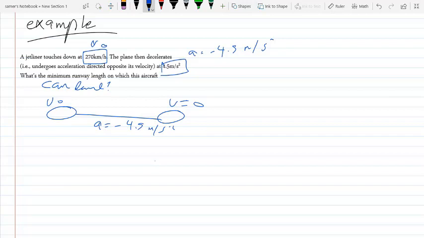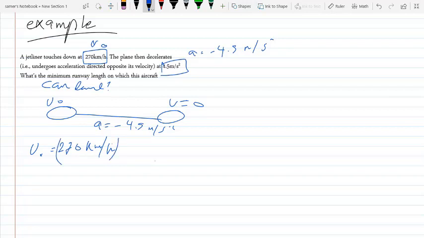We first change the units of the initial velocity of the jetliner. V0 equals 270 kilometers per hour.